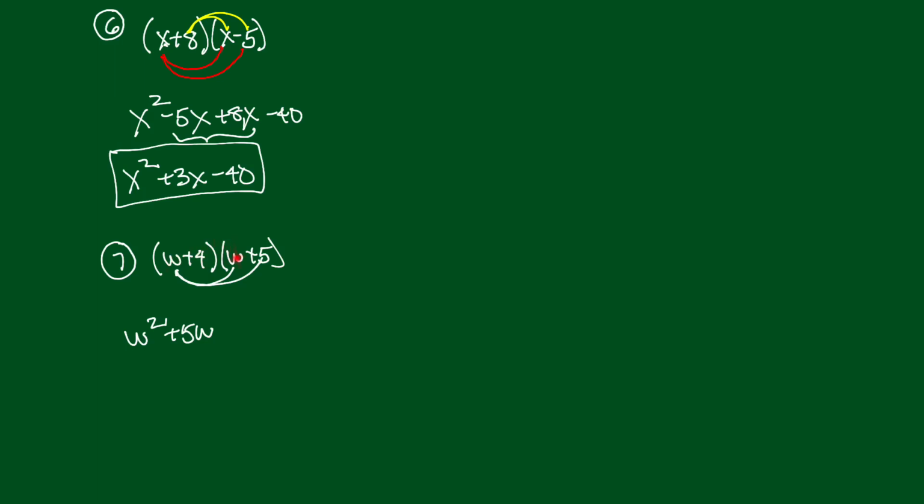Positive 4 times positive w is plus 4w. And then positive 4 times positive 5, plus 20. And then we got some w's we can combine, right? There's 5 w's here. I add 4 more, that gives me 9 of them. So I get w squared plus 9w plus 20.